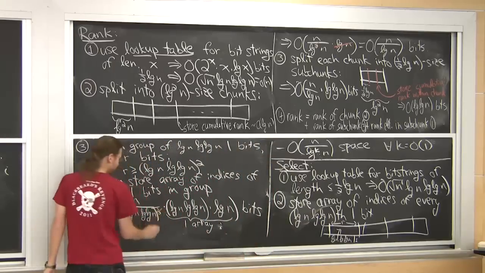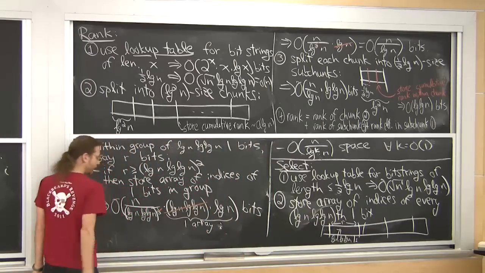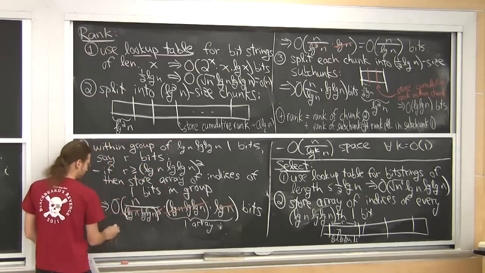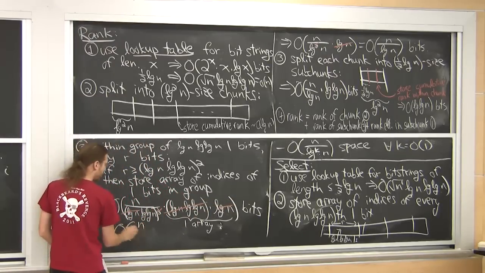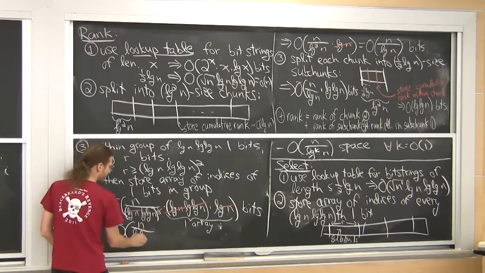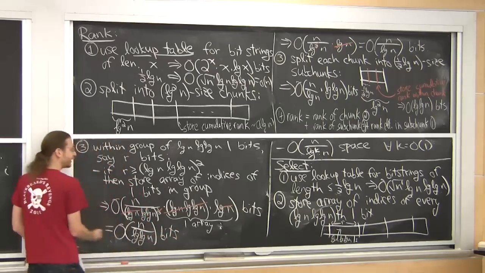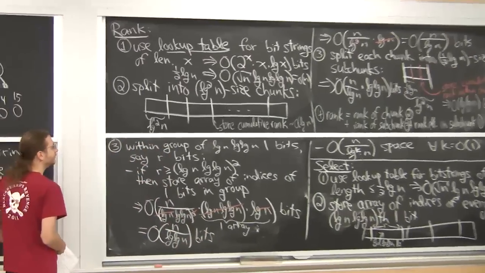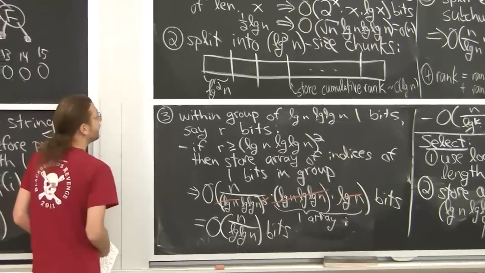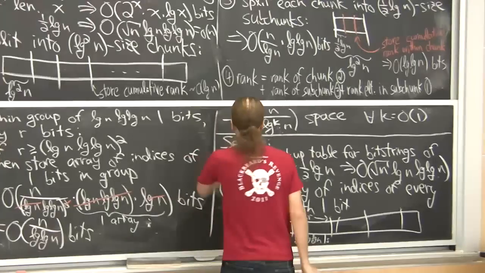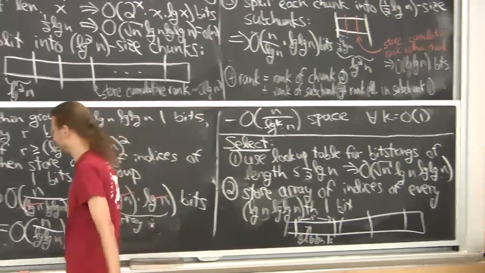So this log log n cancels with this log log n, and then this log n cancels with this log n, and so we get n over log n bits, which is slightly little o of n. Okay, again, it is possible to get n over log to the k space, but we won't do that here. We'll be happy enough with n over log n.